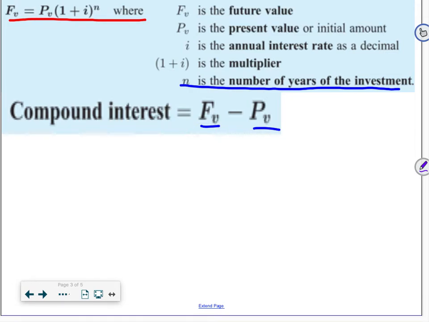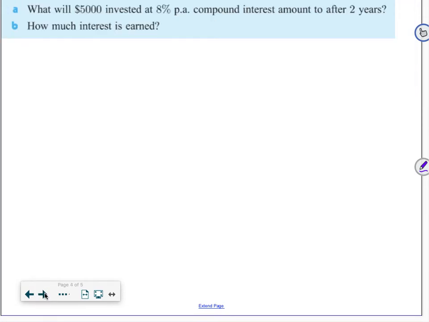So let's look at an example here. What will $5,000 invested at 8% per annum on compound interest amount to after 2 years? I'm going to do 5,000, my present value, times 1 plus 0.08, to the second power, n being 2.